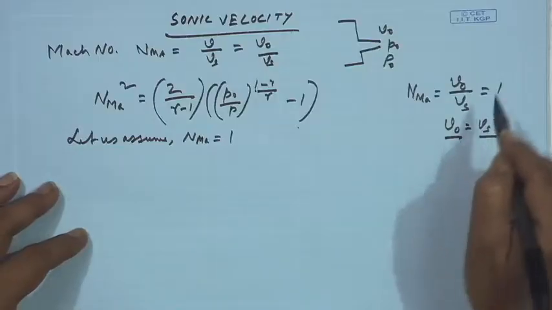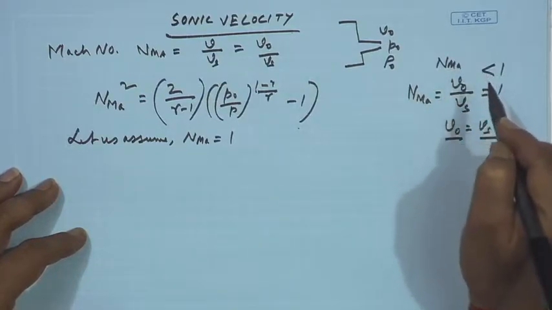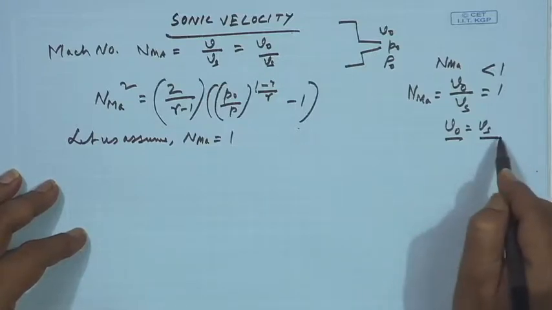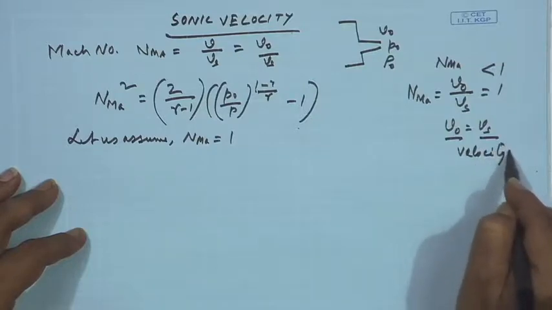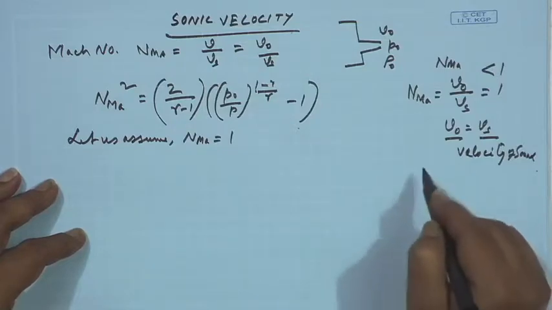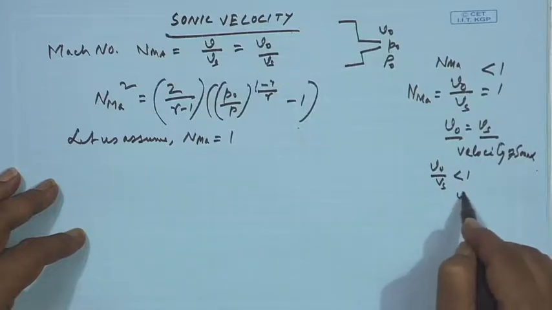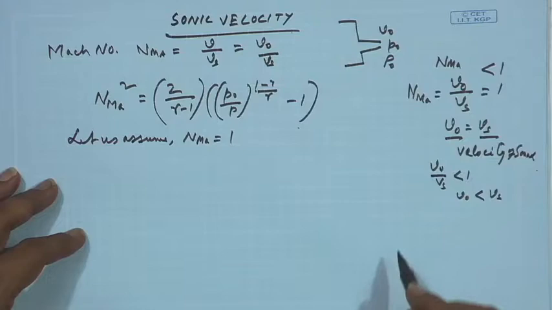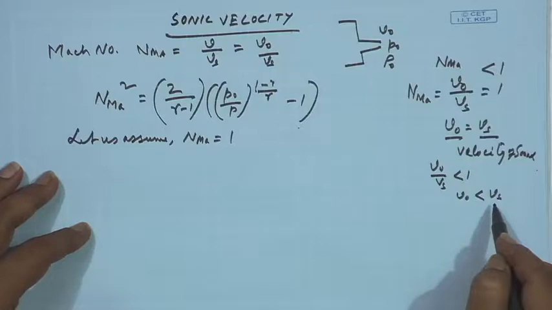And if Mach number is less than 1, that means V0 by Vs is less than 1, that means V0 is less than Vs. That means the velocity at the tip is less than the velocity of sound.